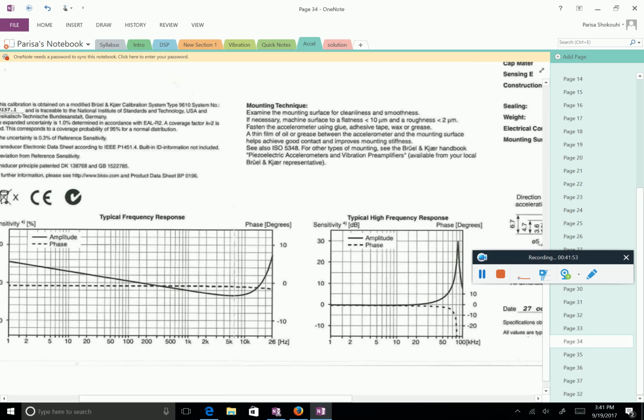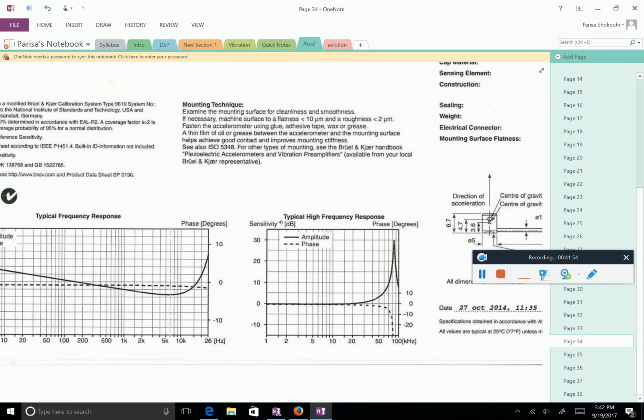What you see here, the thick line, is M versus frequency. It's the amplification factor. Why does it start at 0 and not 1?